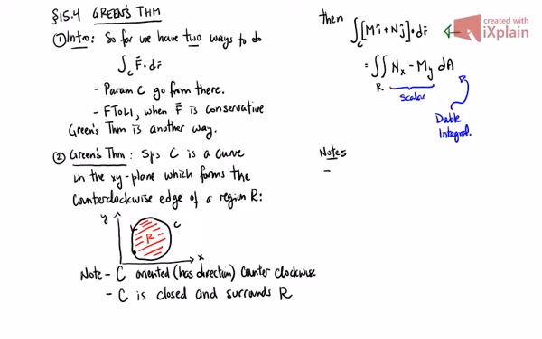So this can also be written as the integral over C of M dx. Remember this guy right here means the same as the green arrow up here. So in other words, these two things are literally the same thing. And so what Green's theorem says is the same as saying this.